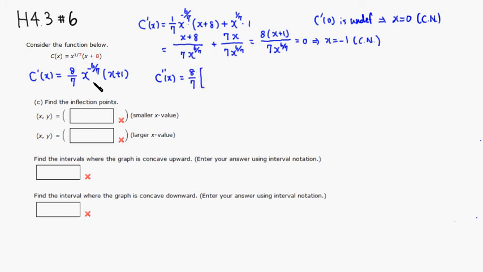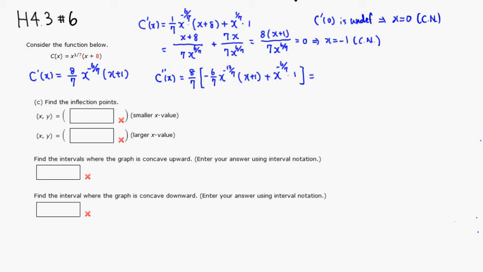Take the derivative of the first, so you get negative 6/7 x to the power subtract 1, so it's negative 13/7, times x plus 1, plus keep the first, x to the negative 6/7, then multiply by the derivative of the second, which is going to be 1.